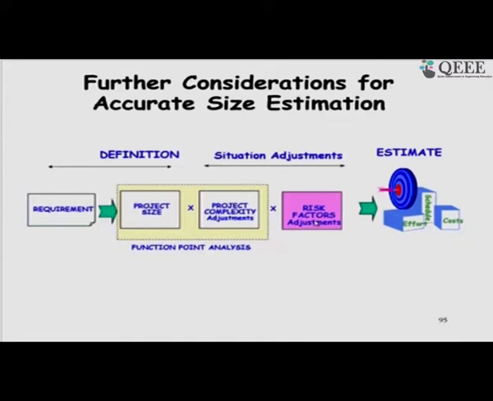Based on that he will have a risk factor adjustment. This gives the project manager the basic size, which he might have to modify, and then use in other estimation techniques that we are going to discuss, which will give estimates of effort, schedule and cost from the basic size estimation.